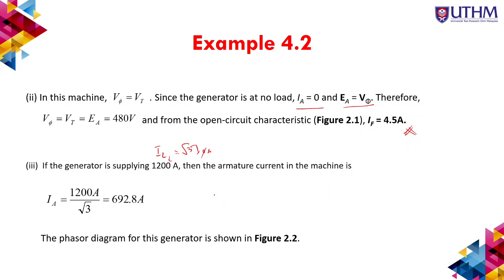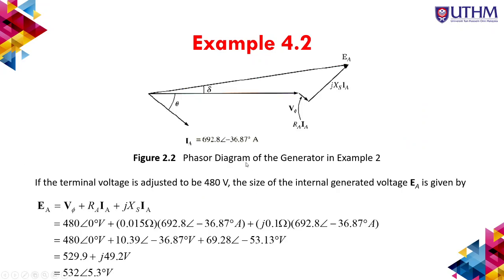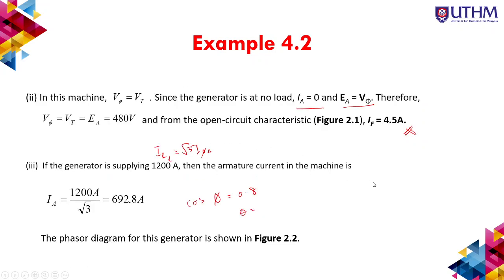So we need to calculate the phase angle. Power factor is 0.8, so cos theta equals, I think, negative 36.87. The negative is because of lagging. Okay, lagging.